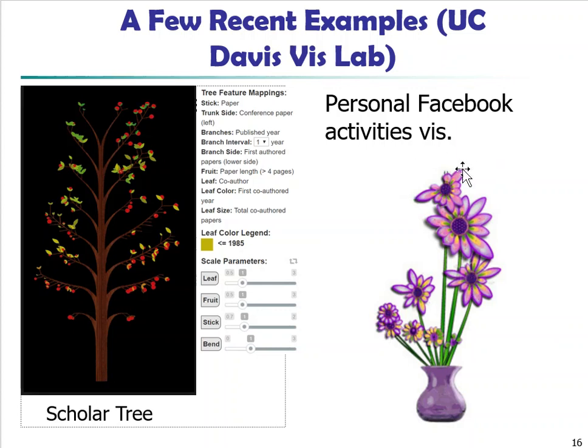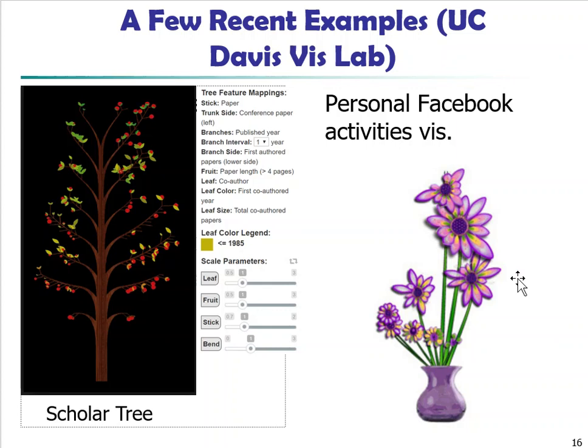This is another icon-based visualization. It represents personal Facebook activities. So how many groups you join and networks and what the network structure of those is. Again, you have to read a whole set of things to understand what the leaves and the stem and the petals and the color of the petal, shape, size of the petal, and the internal part of the petal, those are all being attached with some meanings.